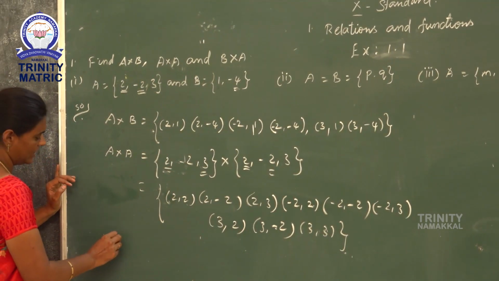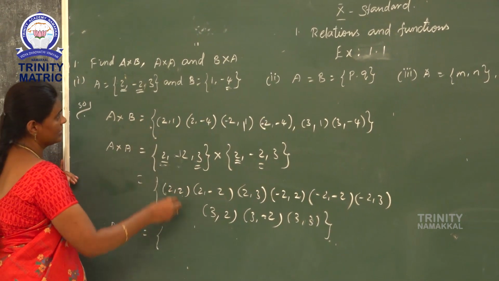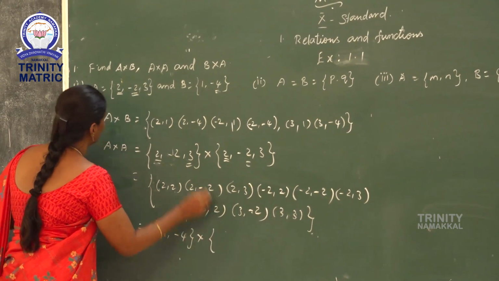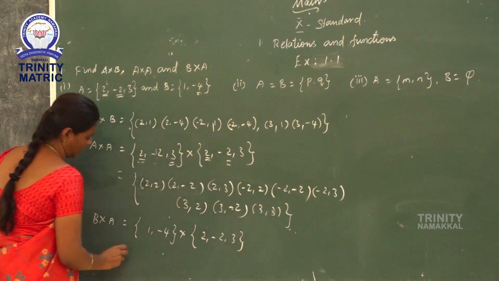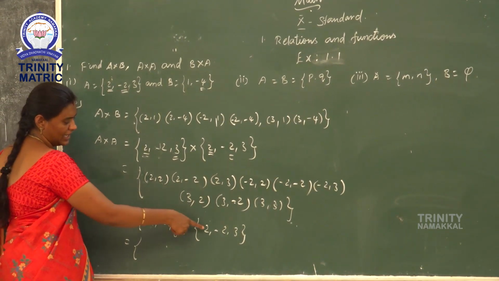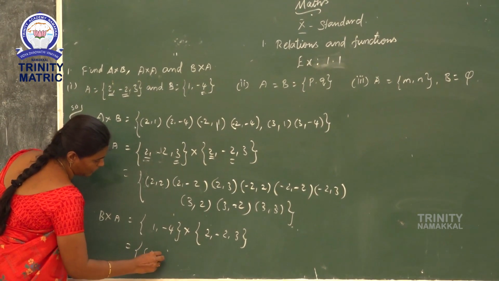Next we have to find B cross A. First we write the set B. What is that B? {1, -4} cross, what is the set A? {2, -2, 3}. Yes. First we take the first element from B with the first element from A. Here we write (1, 2).